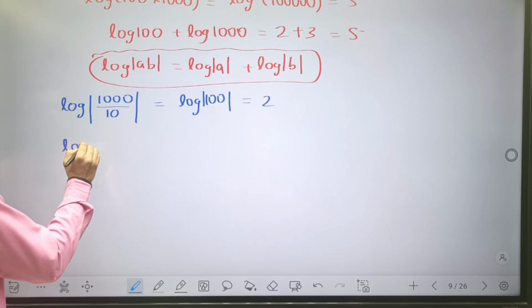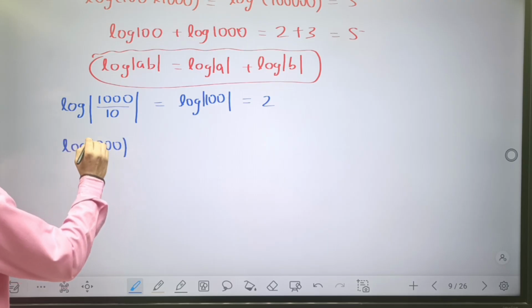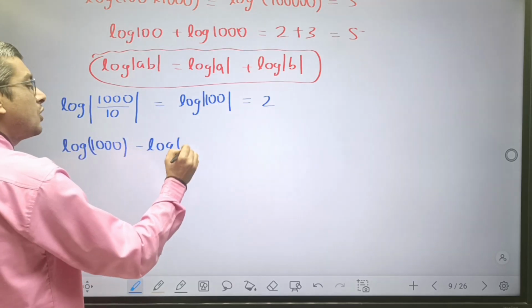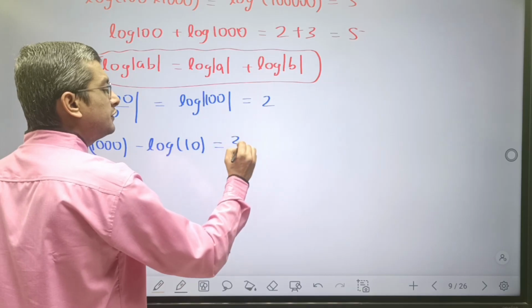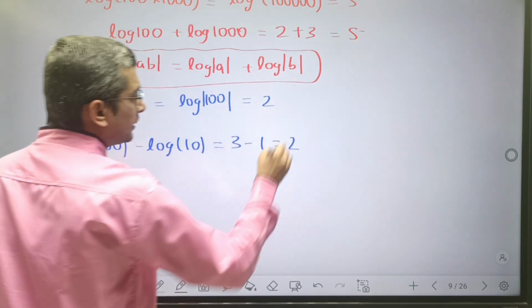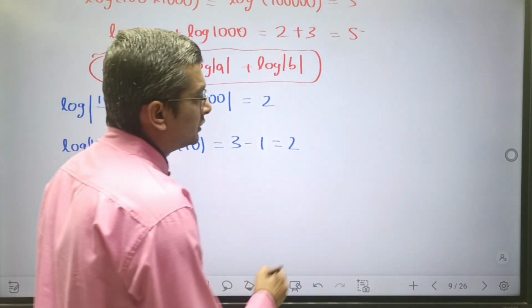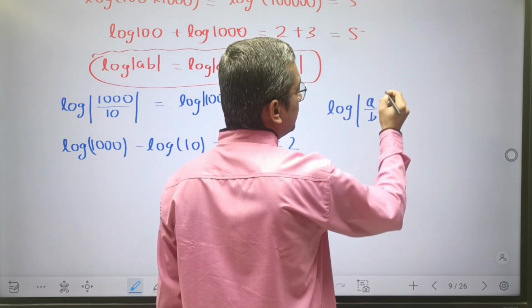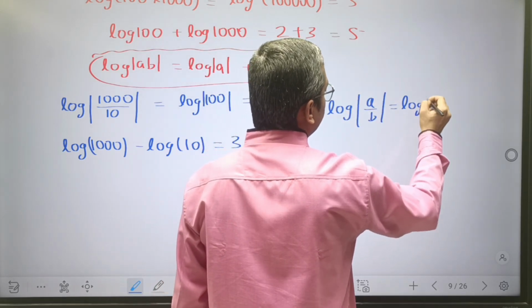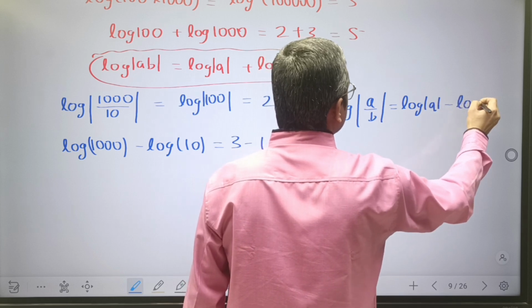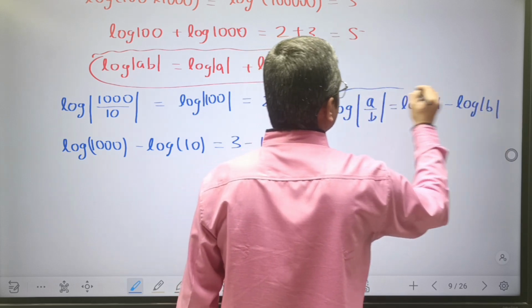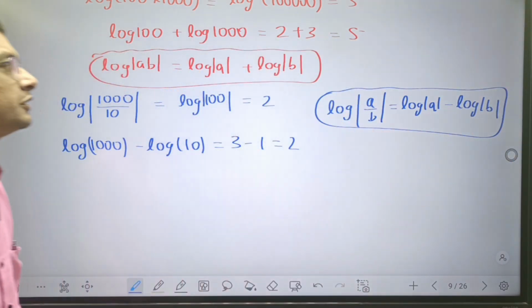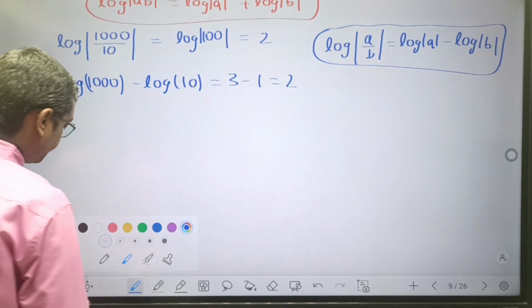Now if I write log 1000 minus log 10, log 1000 is 3, log 10 is 1, so this is 2. Again you are getting the same result. So the identity goes like log A by B. If you generalize this expression, this will be log A minus log B. So this is identity number 2, which is very important.